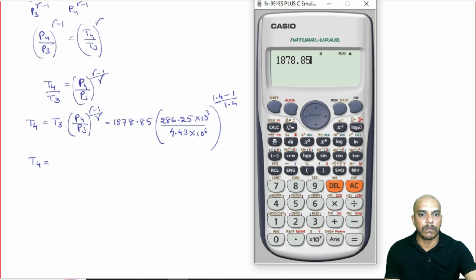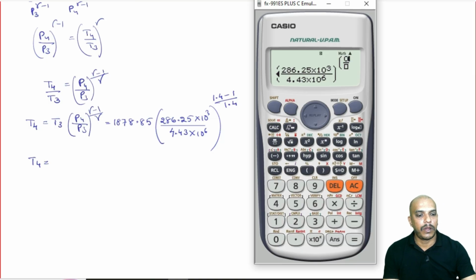1878.85 multiplied by 286.25 into 10 power 3 divided by 4.43 into 10 power 6, to the power 0.4, that is 1.4 minus 1 divided by 1.4.